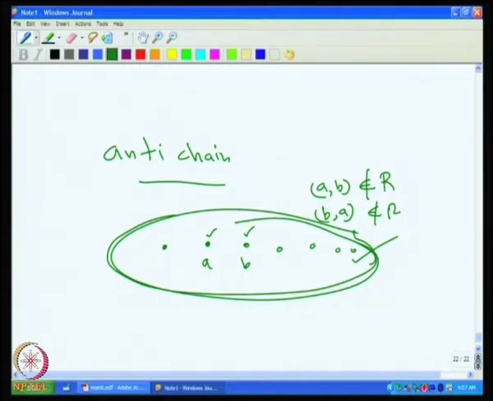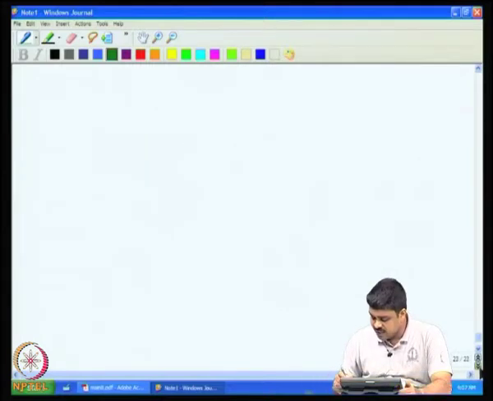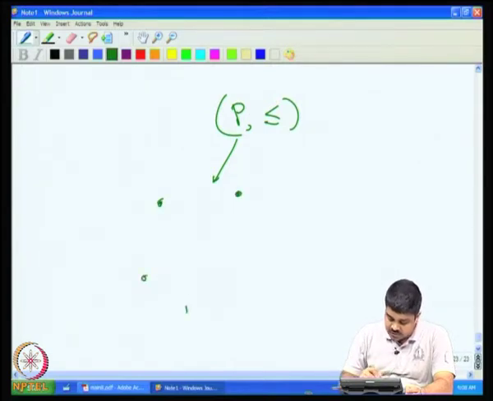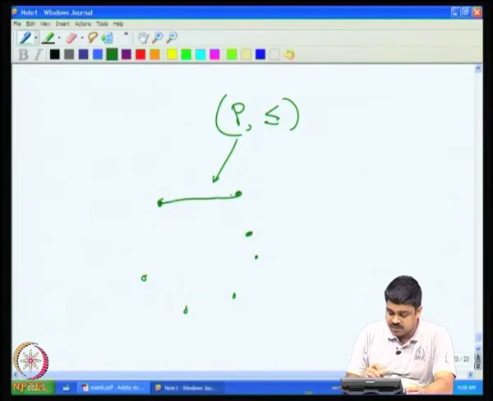For instance, one way of easily visualizing this is to draw the partial order. A partial order has a base set of elements, say P, and then there is a relation, usually put like this. The elements of P can be seen as vertices, and then if two elements are related, I can put an edge between them.